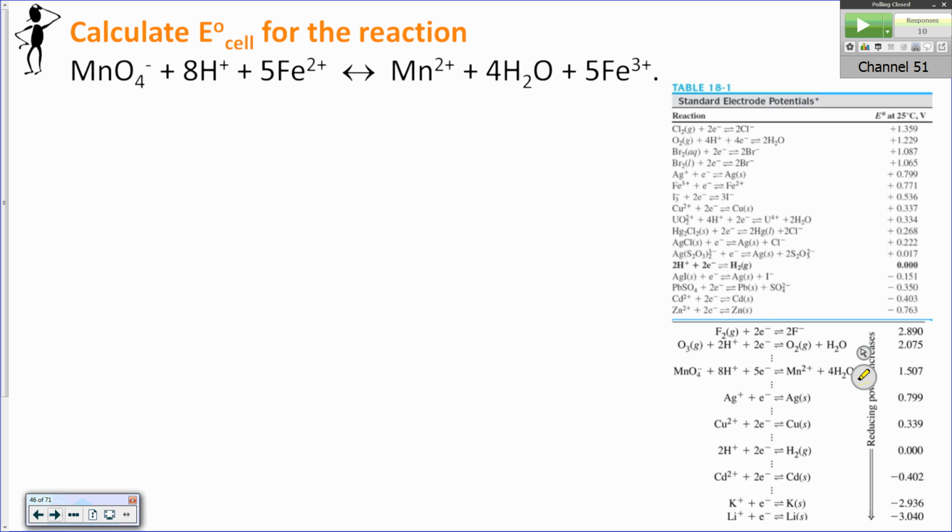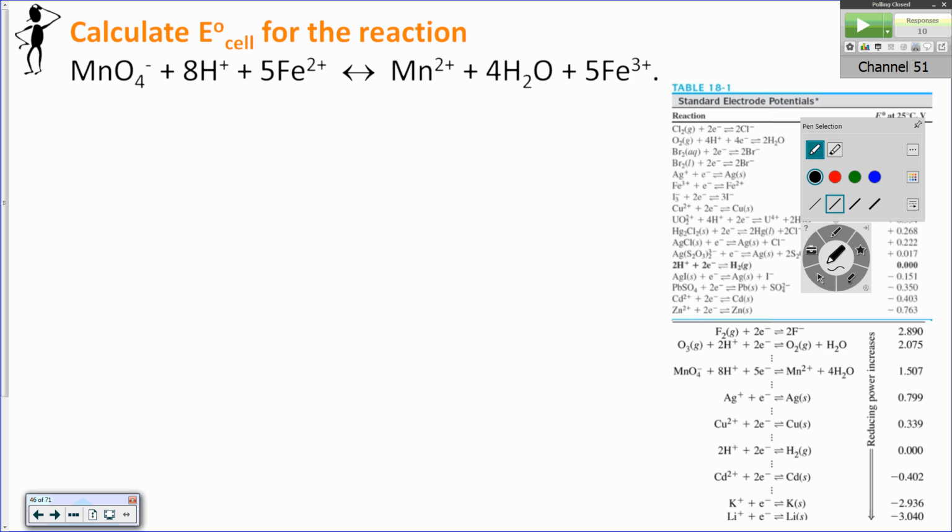All right, so if I want to calculate an E of cell for this reaction, what I need to do is find out who's being oxidized or reduced, go to the table and find out what their potentials are. I think these are the two tables that I'm giving you for the test. I'll go ahead and get those posted so you can use those to work problems if you decide to.